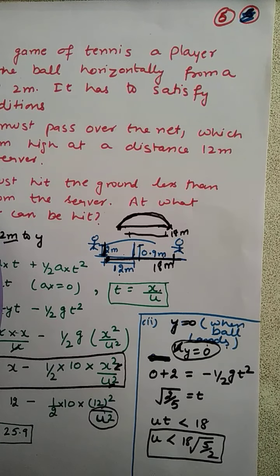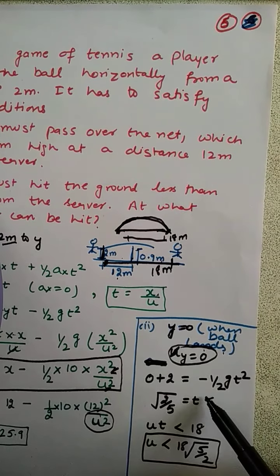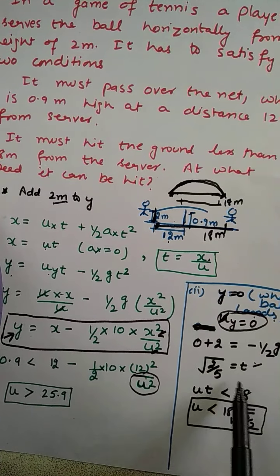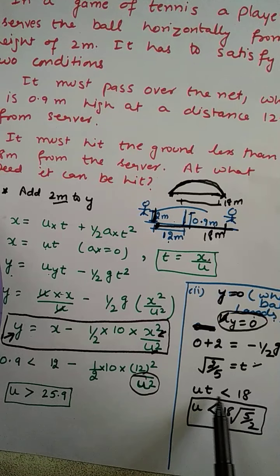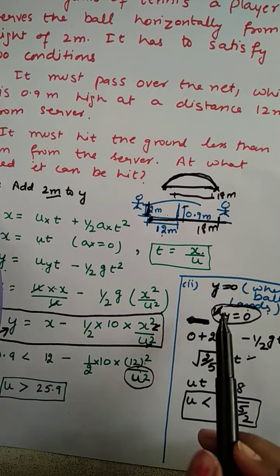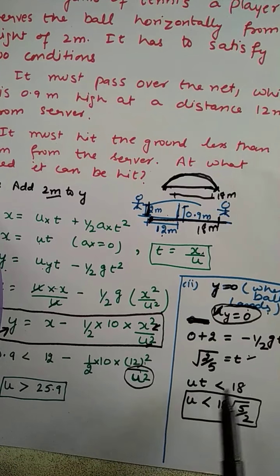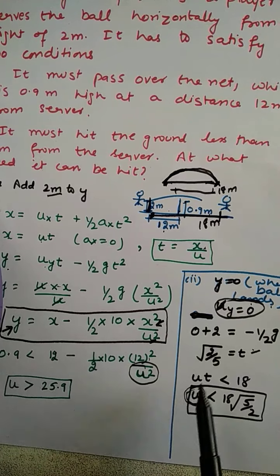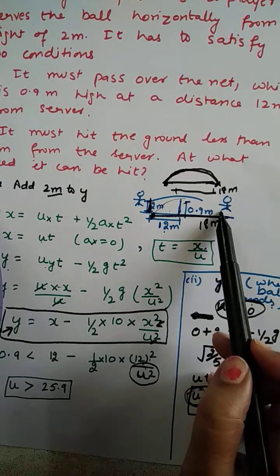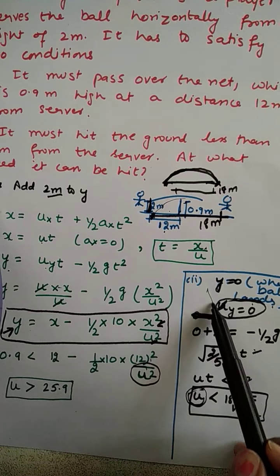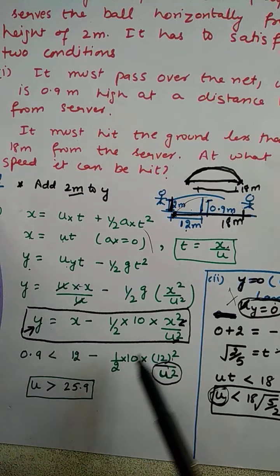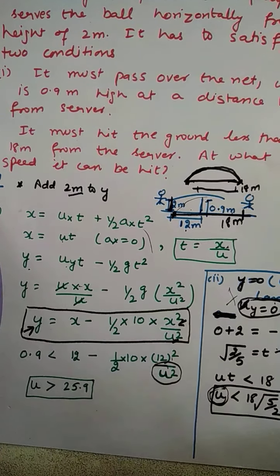There is no initial speed in the y-axis. So I will get the value of time. When I get the value of time, I can simply fill it into this expression, ut is equal to 18, because again y is equal to ut plus half g t square, and I will get the minimum velocity with which this guy should hit so that it reaches 18 meter. If you are uncomfortable with this method, you can try the same way as we did in part number 1. You will get the same answer.